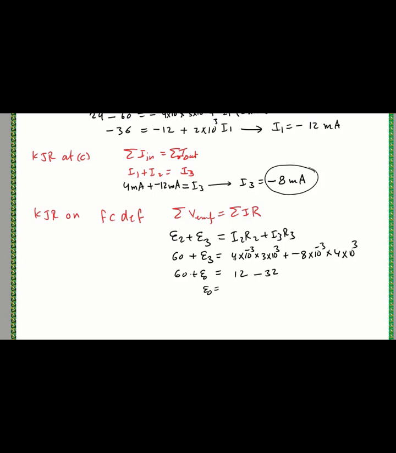Epsilon 3 equals 12 minus 32 minus 60, and the answer is minus 80.